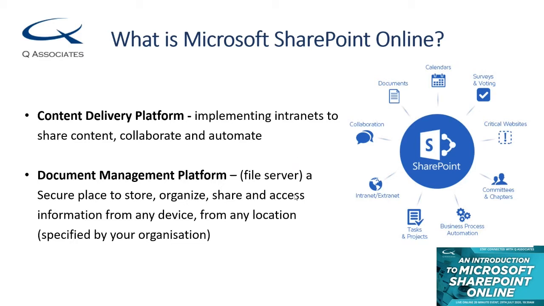So with that file server infrastructure, there can be some confusion sometimes about where to put those documents into SharePoint Online or within Microsoft 365. So the way that we recommend that you deal with this at Q is that you take the personal drives, like the U drive, for example, in the old file server world, and you move those to OneDrive for Business.